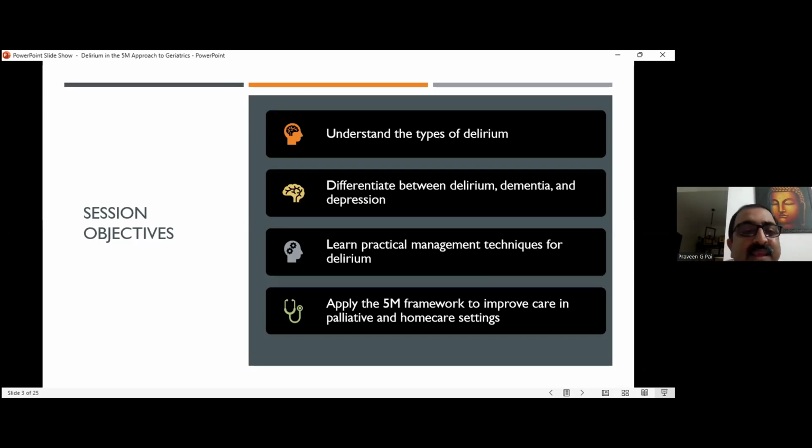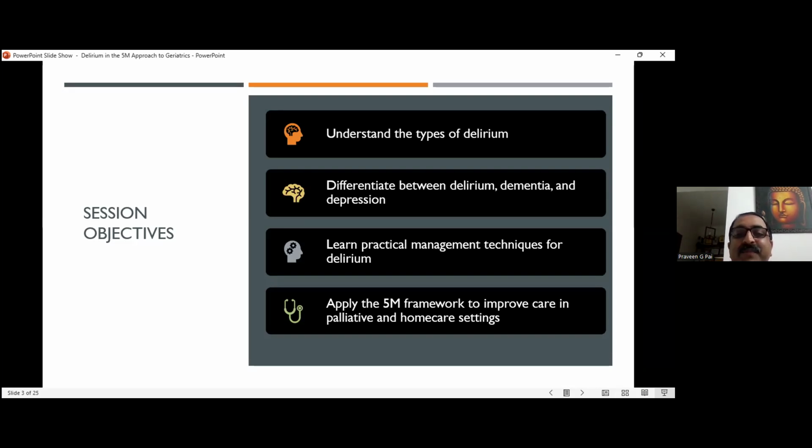Just to start with, in this session you will be understanding the types of delirium. It's all a recap, and then differentiating between the 3Ds. I think I have mentioned the 3Ds in my previous discussion. The 3Ds are delirium, dementia, and depression. All three are sometimes very confusing. They can be there at the same time. It need not be separated.